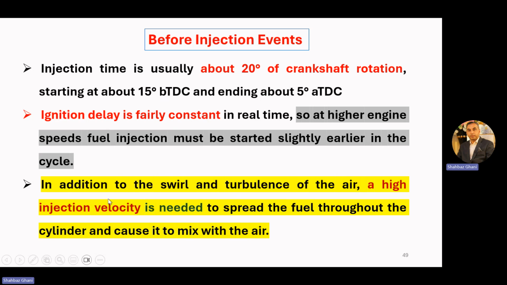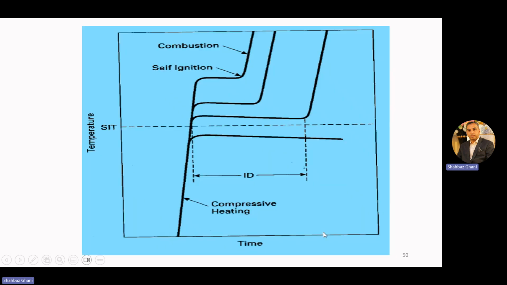So you need an injector with a velocity higher than the swirl and turbulence velocity; then it will spread the fuel throughout the cylinder and cause it to mix with the air. If the high injection velocity is not there, the fuel will only be scattered around the tip of the nozzle and will not spread throughout the combustion chamber. So the injector must have a high injection velocity.